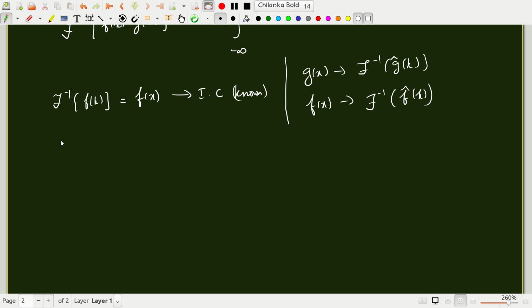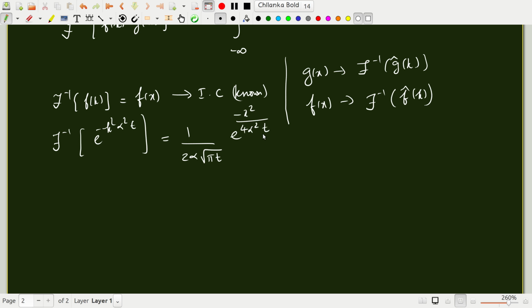Now the Fourier inverse of e to the minus k squared alpha squared t, such a function is called a Gaussian function. That is well known. So it's 1 over 2 alpha root of pi t, e to the minus x squared by 4 alpha squared t.